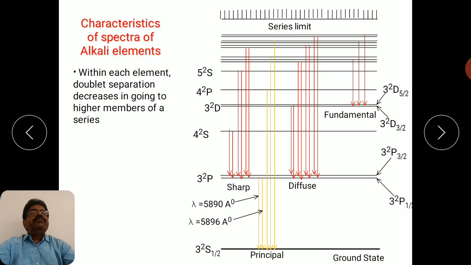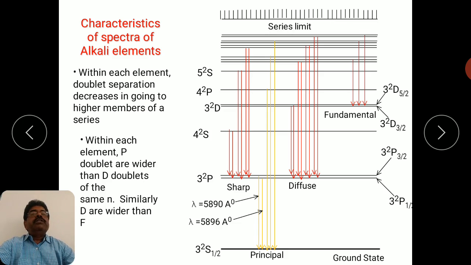The term values of the doublet F terms we have seen earlier, doublet F 7/2, 5/2, and so on. The difference becomes so small that it is not possible to represent it on the diagram here. So within each element, doublet separation decreases in going to a higher member of the series.